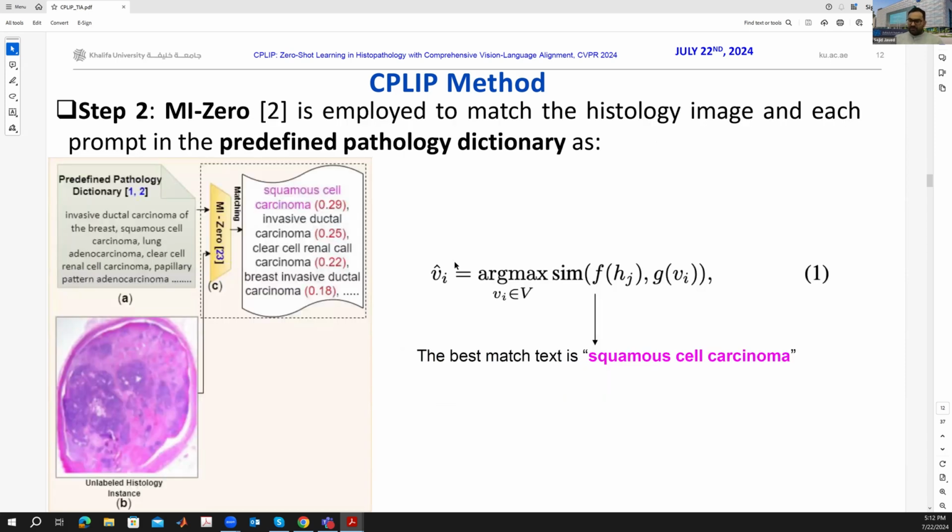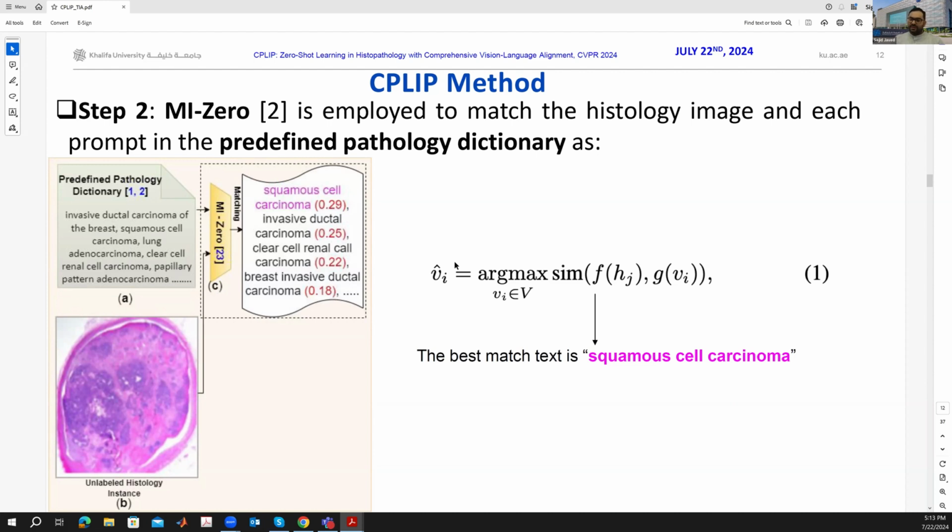Fine, once you have the pathology prompts dictionary, the idea is basically to align any textual prompt with the given input histology image. So here is the unlabeled histology instance, and a predefined pathology dictionary which consists of 500 textual histology prompts such as invasive ductal carcinoma of the breast, squamous cell carcinoma, lung adenocarcinoma, and so on.